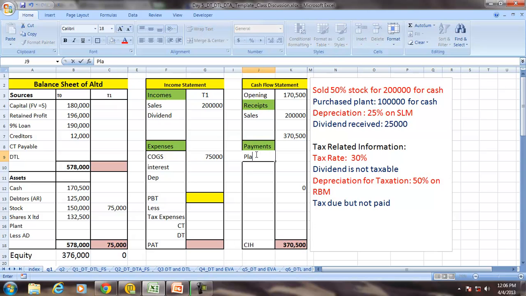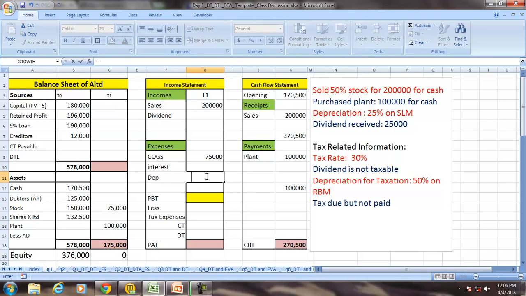Purchase a plant, acquired for 100,000, and so plant is an asset and will appear on the balance sheet. The depreciation on plant is 25% on SLM, so 0.25.